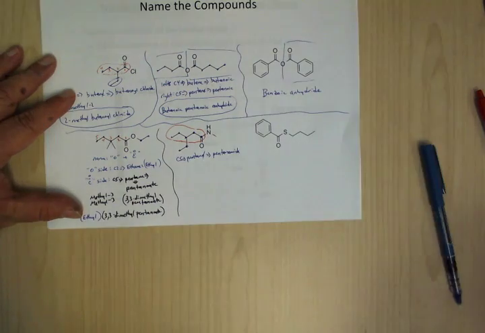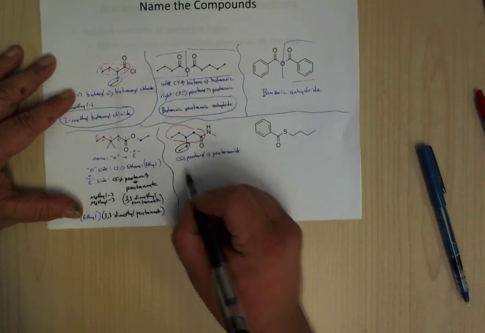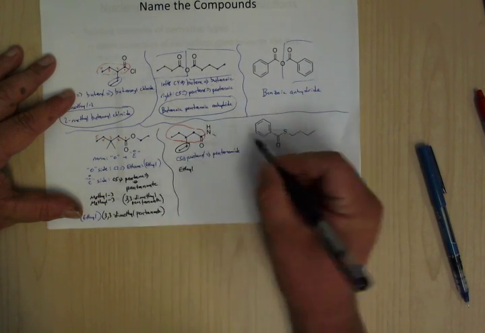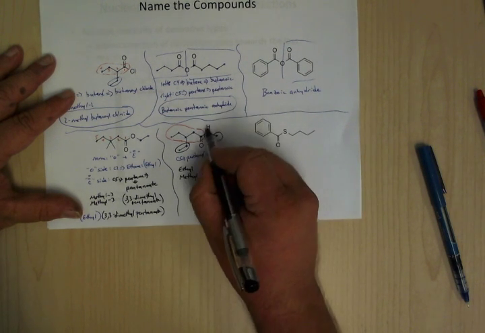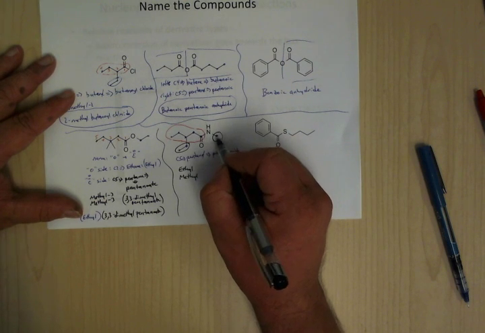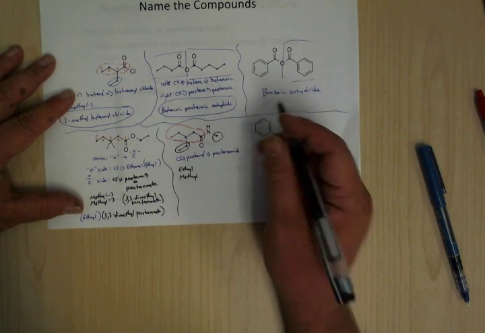Now the rest of these things: this one here, we're going to have an ethyl, and here it's a 1 carbon piece, a methyl. Now we don't care about the hydrogen. We can assume that if there's only one thing hanging off the nitrogen, the other thing is going to be a hydrogen.